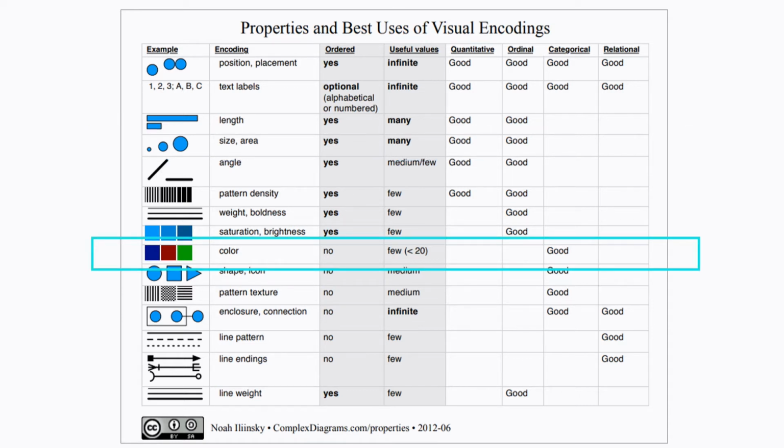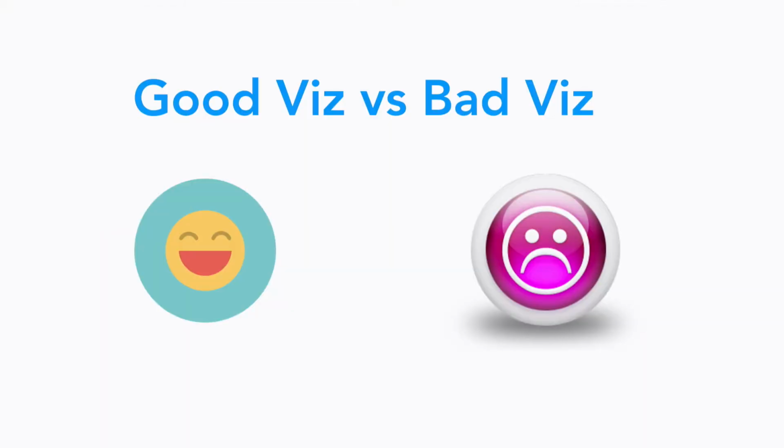Color can be a great way to visualize categorical data, but only when there are few categories. All of this is important to keep in mind because not all data visualizations are created equally. Understanding how our eyes and brains perceive visual variables is key to effectively communicating through data visualizations.